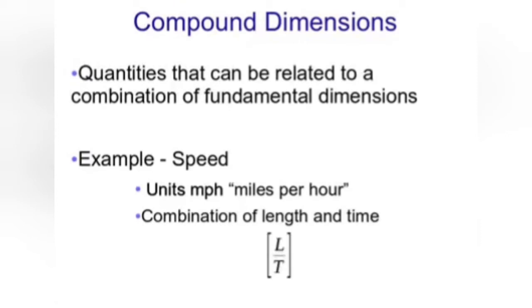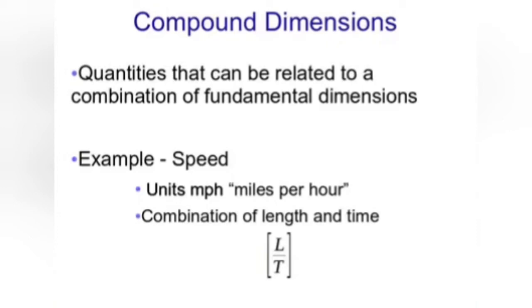So our dimensions for speed is really a length divided by a time. And it could be miles per hour, but it could also be inches per second. So the specific units are different, but each one of those all have the same basic type of measurement of a length per time.